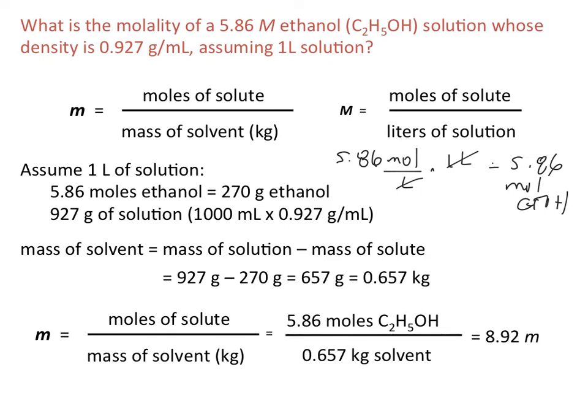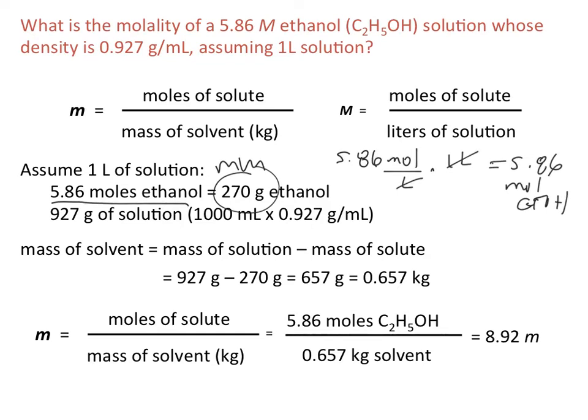So we know this value. Now, if we do a simple conversion from moles of ethanol into grams of ethanol using our molar mass, we get 270 grams of ethanol. So now we know the mass of the solute that is in the solution.